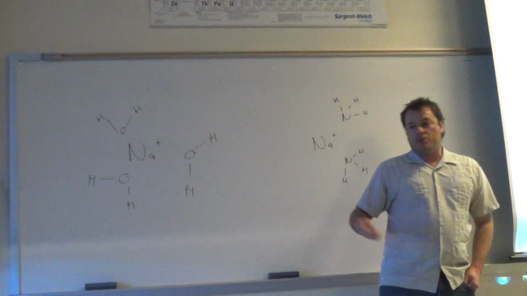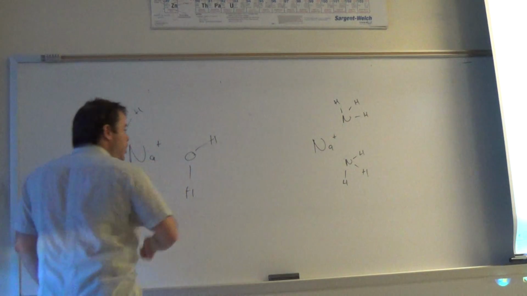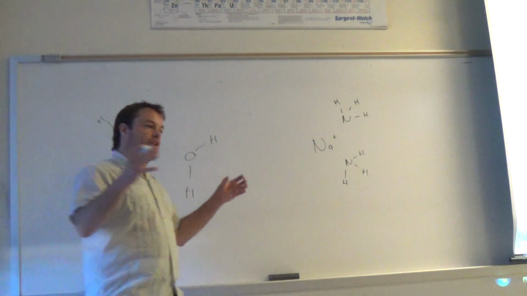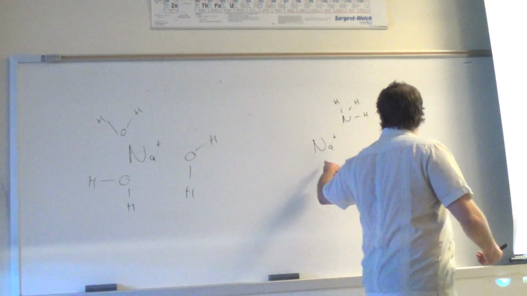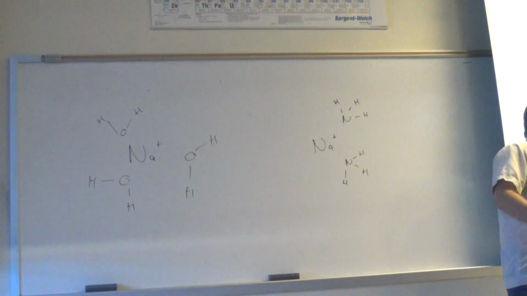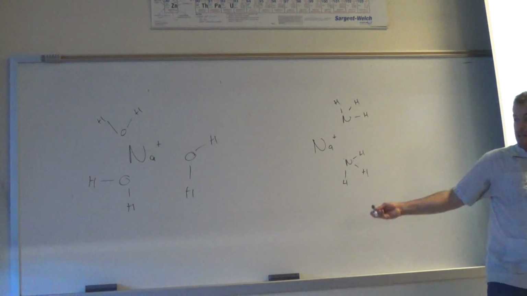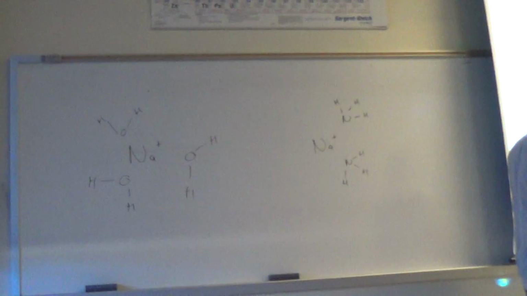And so if you move a sodium ion into a solution of water, there's going to be some kind of electrostatic energy change associated with moving it there. And if you move that same sodium ion into an ammonia solution, the magnitude of that energy change is going to be different, simply because the electrostatic effects are different in the two solutions.